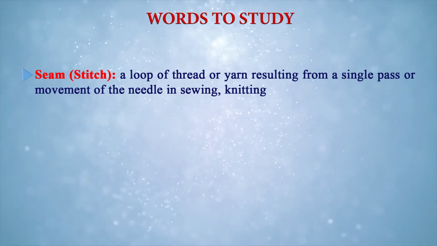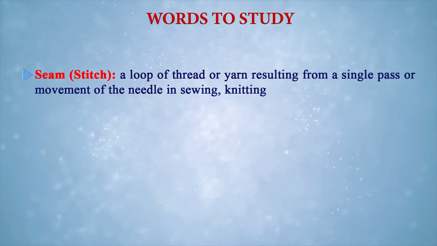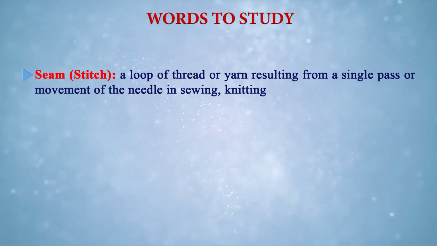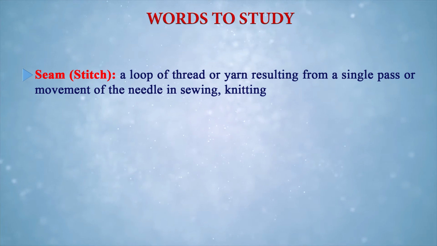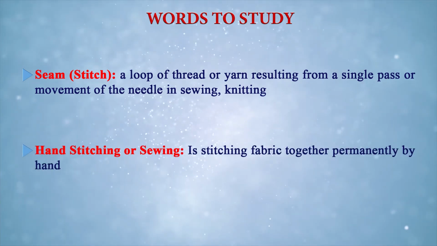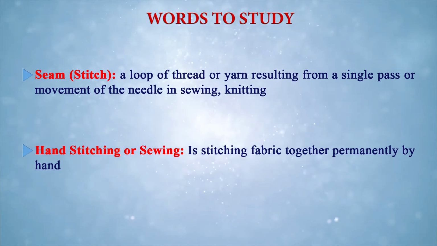Like when we insert the thread in the needle and use it to make a loop on the fabric, it is said to be a stitch. And hand stitching or sewing is stitching fabric together permanently by hand. So these are the two terms we need to know for hand stitching.